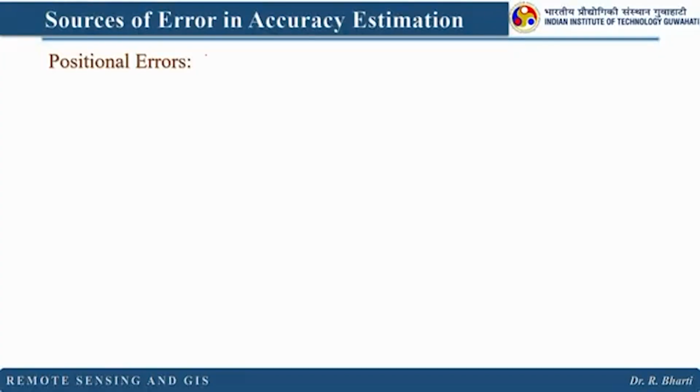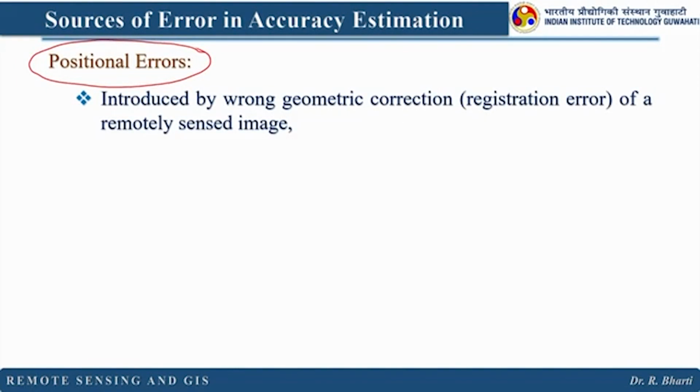Let us understand what are the different sources of error in accuracy estimation. So basically this can be from your pre-processing, right. So let us understand this positional error. So how do we get this positional error in our classified image? This is basically introduced by wrong geometric correction, because if you remember, you have used some ground control points to relocate the pixels or to correct the geometric errors of your image, right?